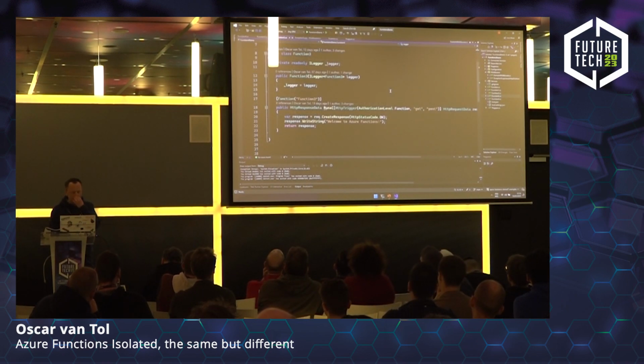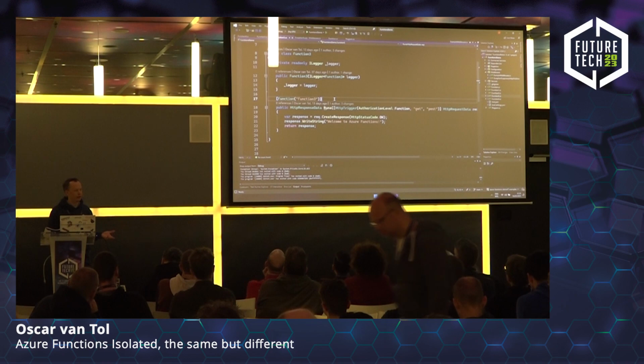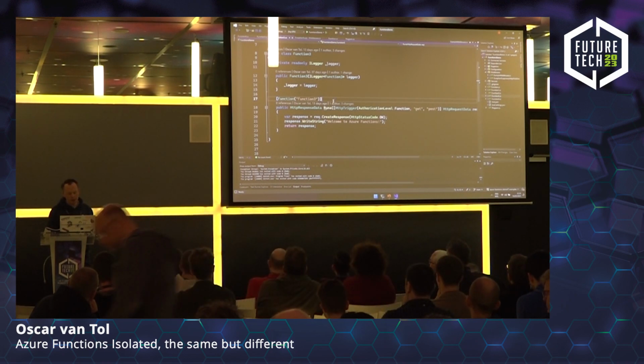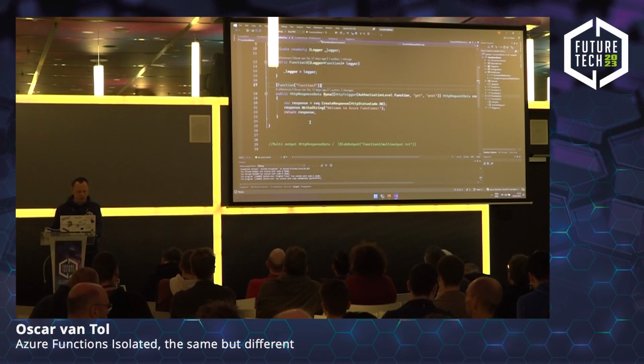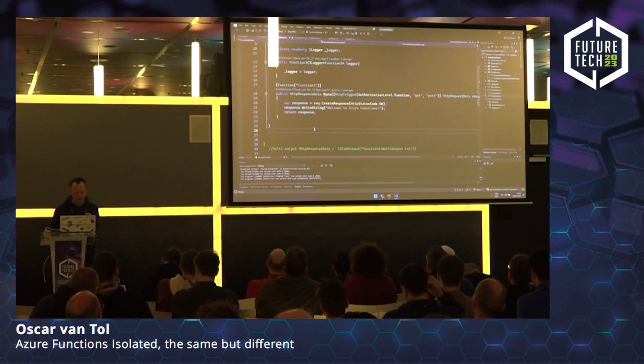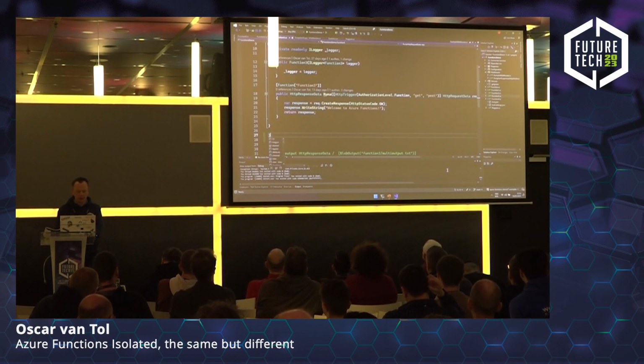So, if I want to do this, and this is an HTTP function, for instance, but I also want to write to that blob that we just saw, we need a different way of response, because how do we define that on function level? So basically what you need to do, because it's really weird, is create a specific class.